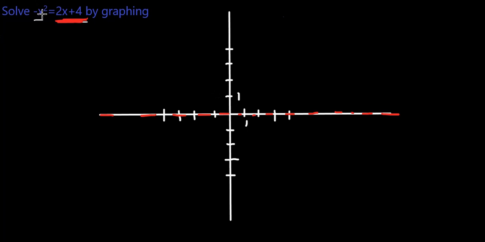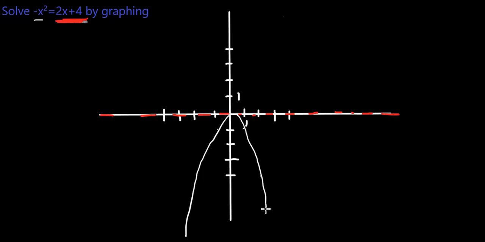Negative x squared is basically the normal parabola of x squared, except it has one flip in it. When we go over 1, we go up 1, and then when we go over 2, we go down 4. So our parabola is going to look something like this, if we just draw a rough sketch of it.